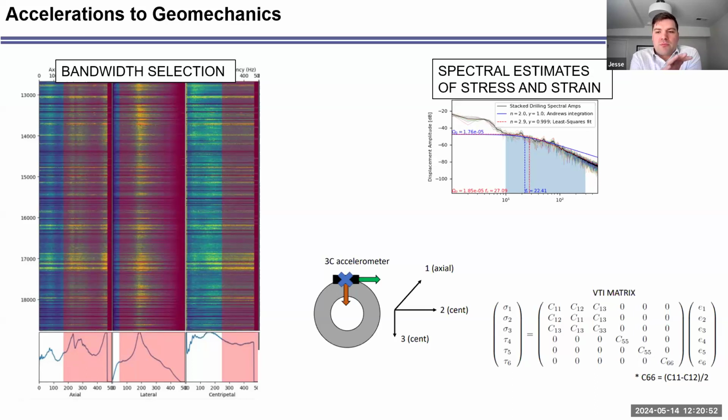And so we can take that stress and strain, plug it into Hooke's law, and solve for a variety of elastic models. So we'll solve for an isotropic, a VTI, and an HTI model.